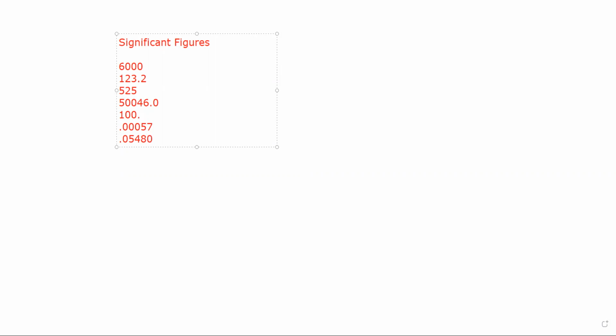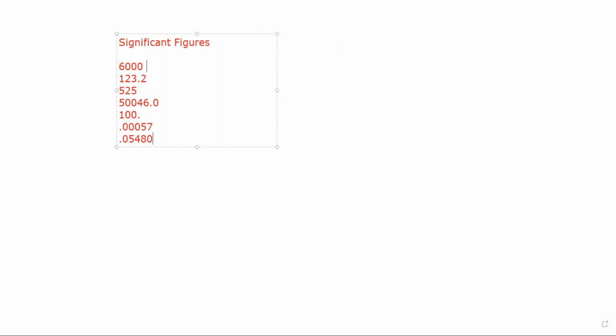Okay, and we're going to be talking about the rules that apply to all of these. So with significant figures, we're talking about how many of these numbers am I certain about? And how many of these are basically a guess or unimportant?